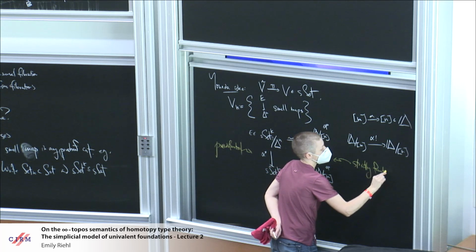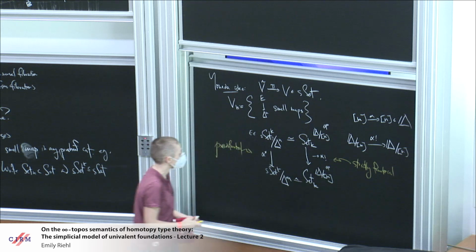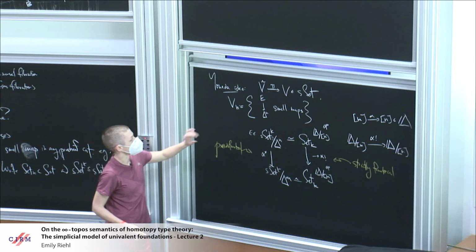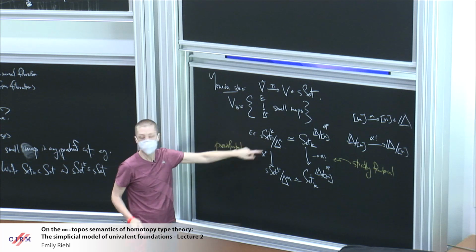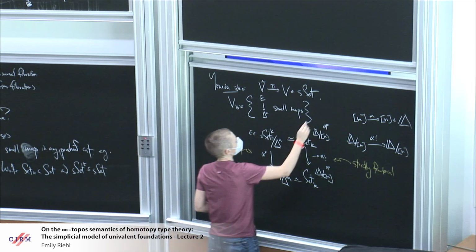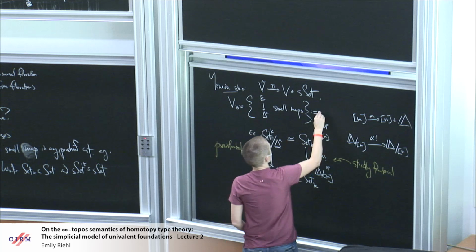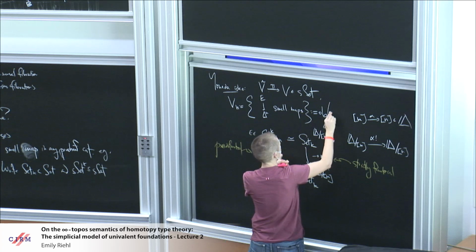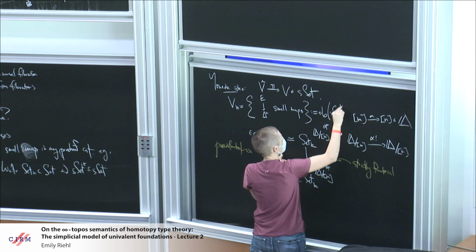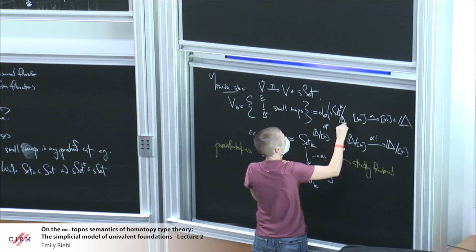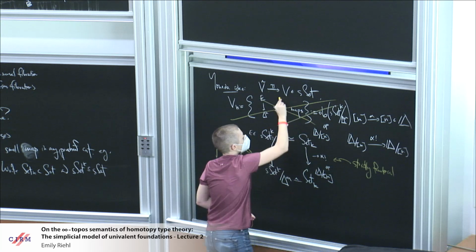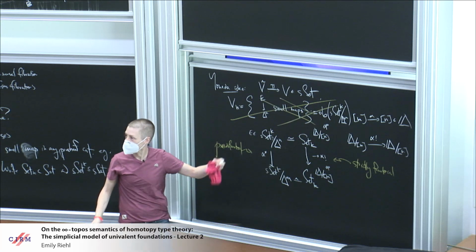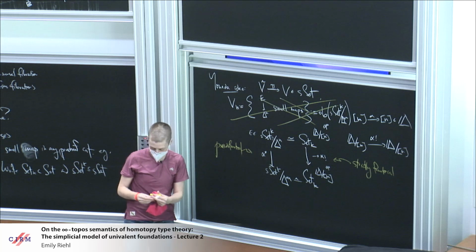Strictly functorial. So the definition of the Hofmann-Streicher universe is, rather than define V_n to be the set of objects in this category on the left, in the category of simplicial sets that are small over Delta n, as in this Yoneda idea, not what we're going to do, because this would define a pseudo-functor, a groupoid valued pseudo-functor, as opposed to a simplicial set.